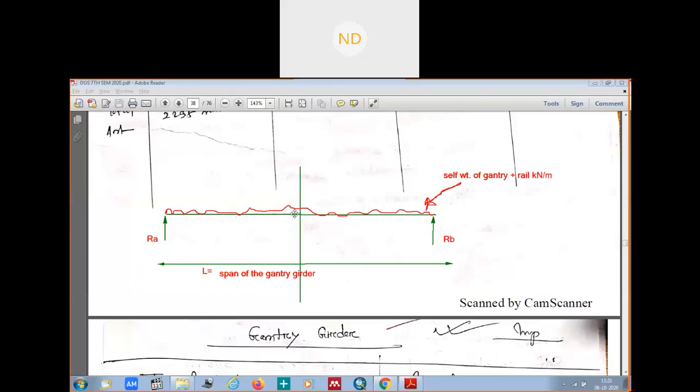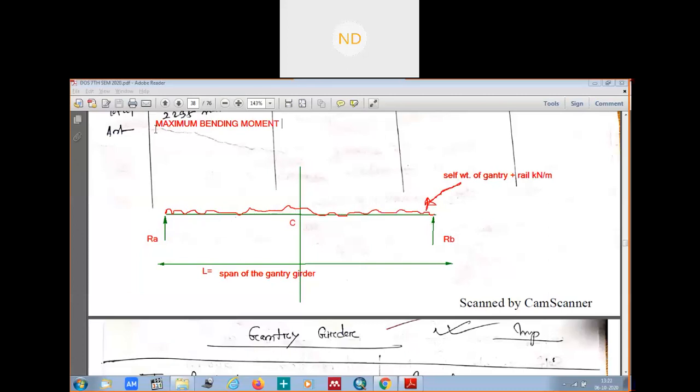So this was your center. Let me name this to be C here. Suppose this was your C, center of the gantry girder, right? And we are finding out now the maximum bending moment. Where and how much is your maximum bending moment?